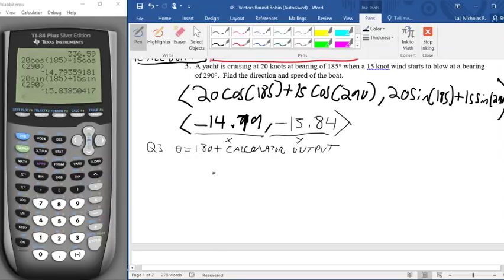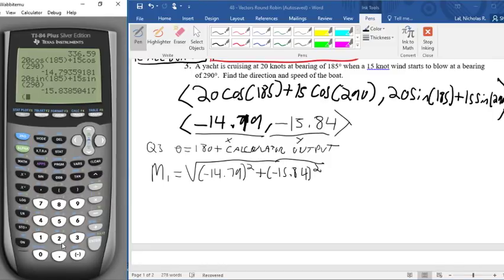So our magnitude is going to be equal to the square root of negative 14.79 squared plus negative 15.84 squared. I need to do this again.